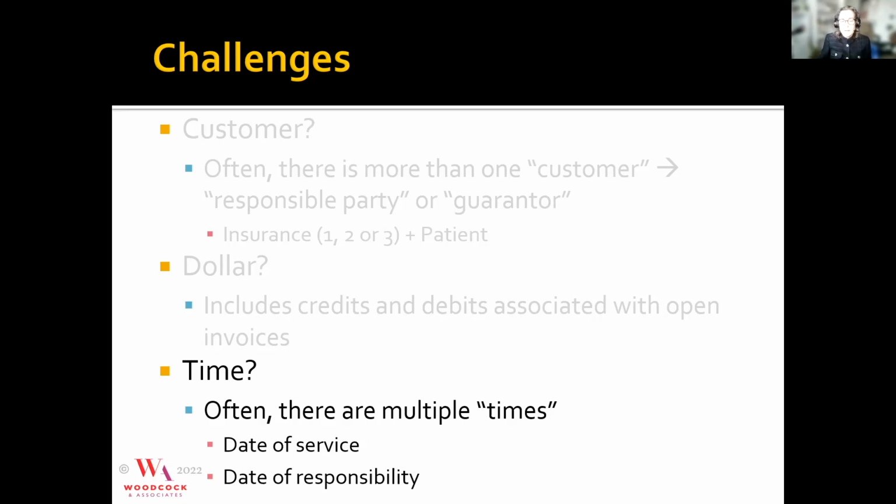But at some point, the insurance company actually, let's hope, does go ahead and adjudicate and pay that claim. And then it flips the residual responsibility, sometimes called financial responsibility after insurance, to the patient. And so, okay, what do we do with that? What we do with that is typically re-age it back to zero.